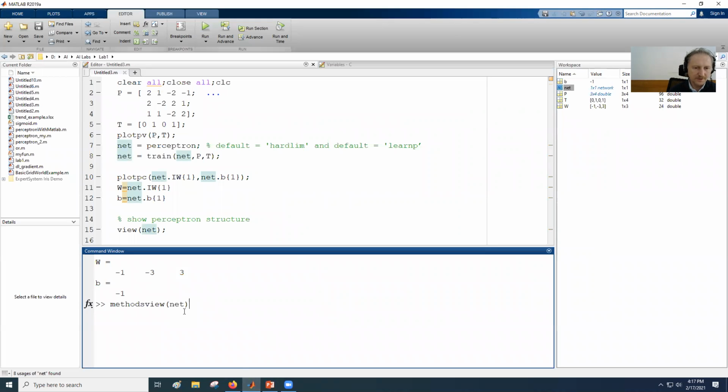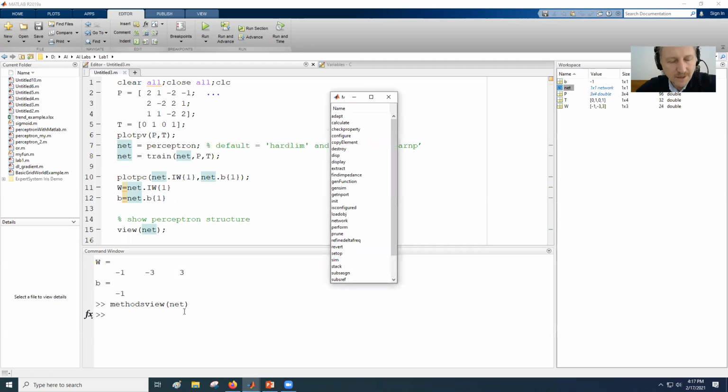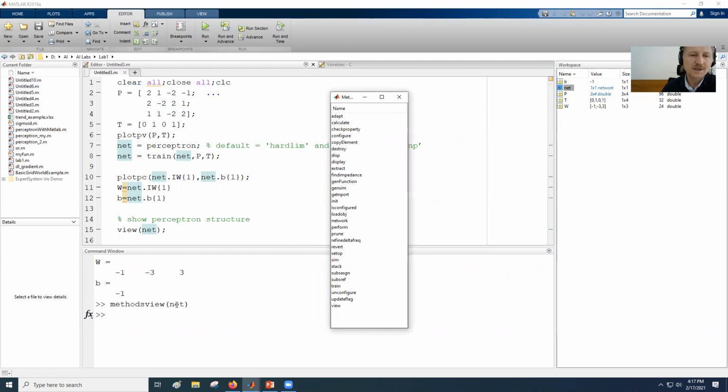You can discover this. I can ask it to list the methods which I can use together with my network object. It is a perceptron network object, and I can see which methods are available. For example, the adapt method I know how to use. Display I don't know, but we can guess it displays something. Init initializes the weights, we know from our previous lesson. The simulation function, we know how to use.